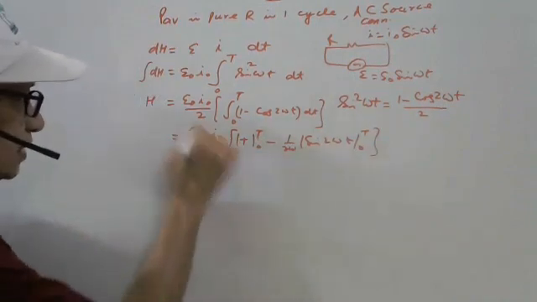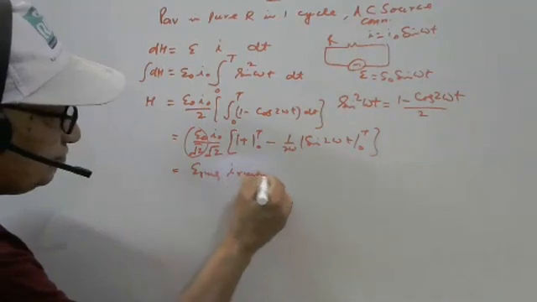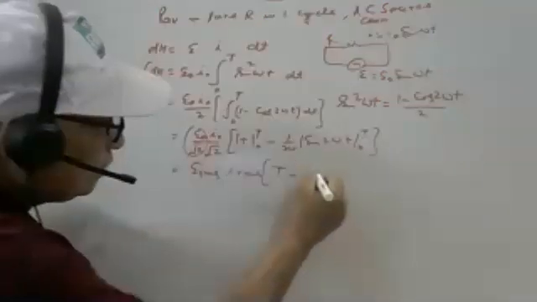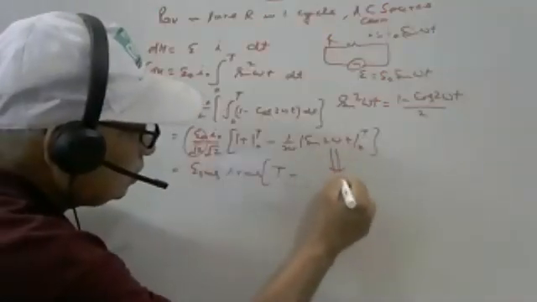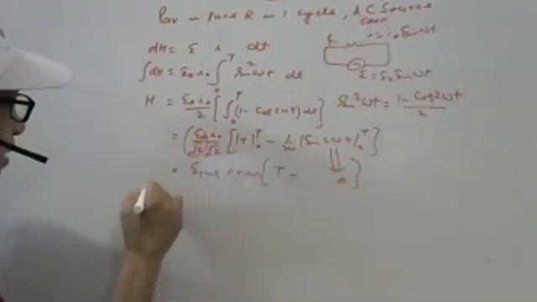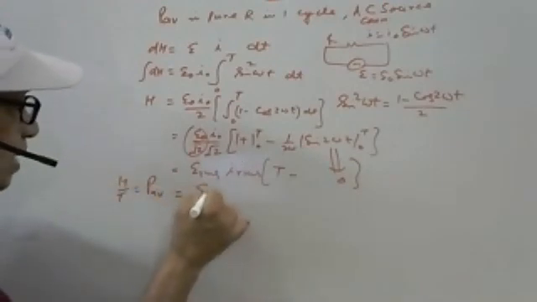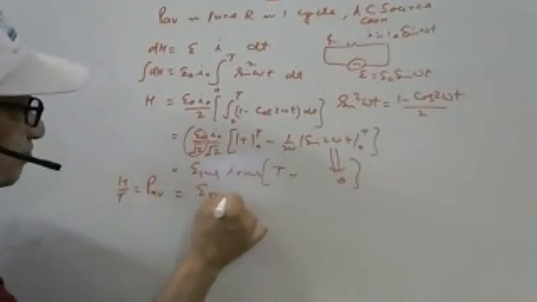And we know this one is say ERMS, this is IRMS, here this is t minus 0, so t, and the sine term will become 0 we know. So simply heat divided by time, it is what? Power average. So heat divided by time, power average, ERMS, IRMS.